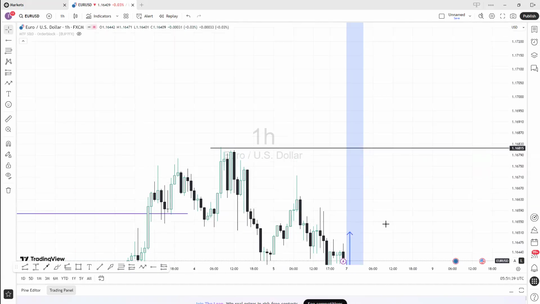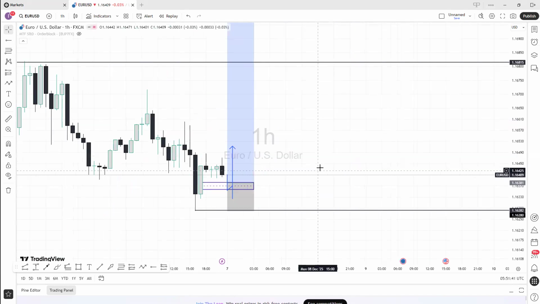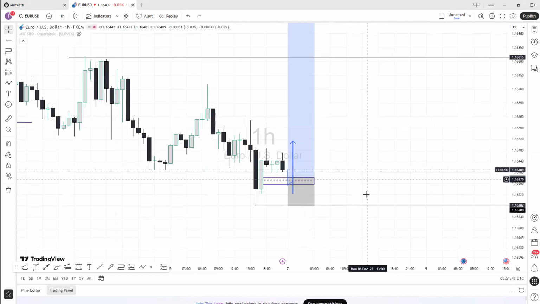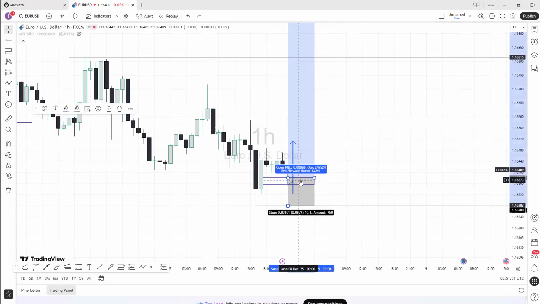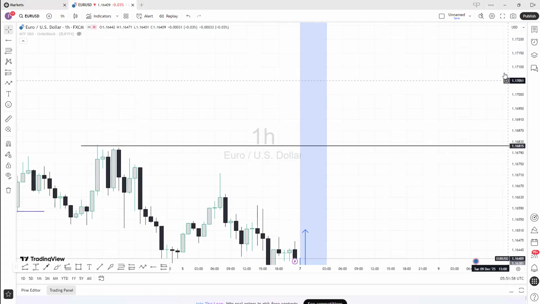The tight stop loss allows you to enter a big position, a big lot size, where you risk just a little, because the risk is almost 10 pips.